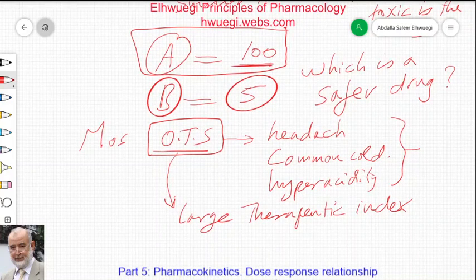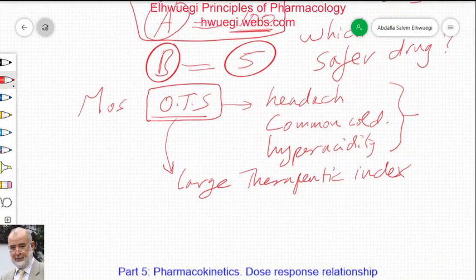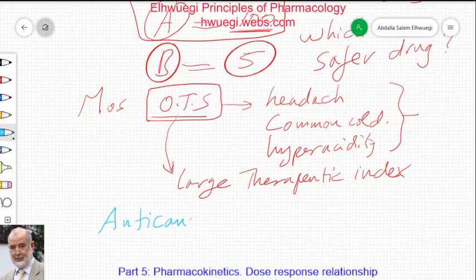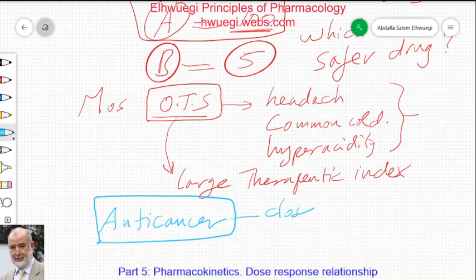So they should have a large therapeutic index so that they don't produce toxicity which can be fatal sometimes. On the other hand, suppose the drug is an anti-cancer drug. Anti-cancer, as we know, is used under very close medical supervision.